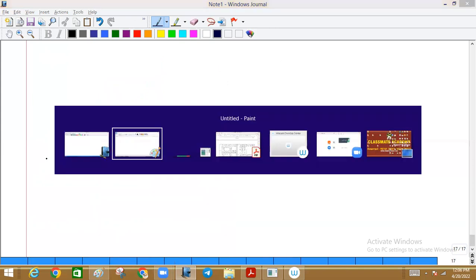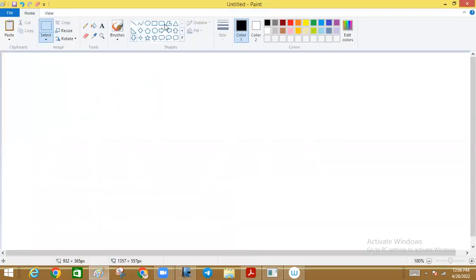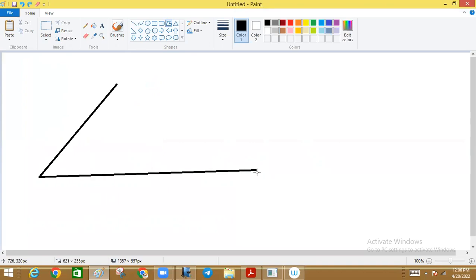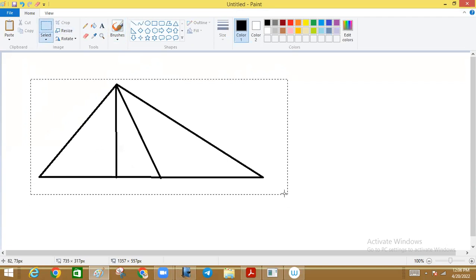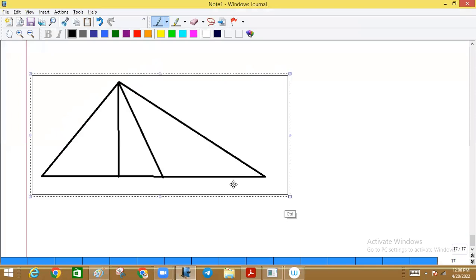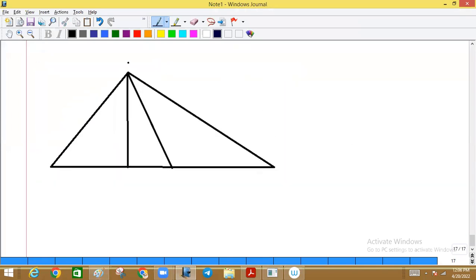But why am I saying this? Because let me give you an angular bisector and an altitude. In the exam, they don't give you the figure, but I'm giving it here. A, B, C. AD is an altitude.